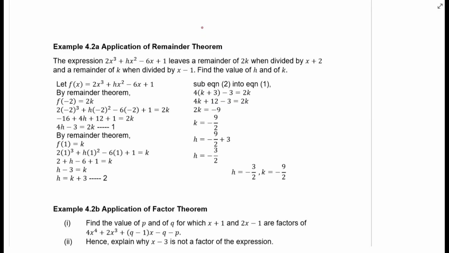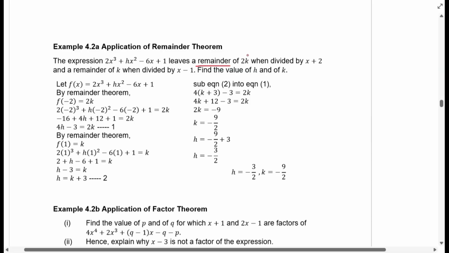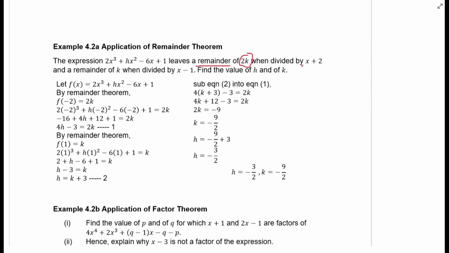So you have to look out for keywords in the question to guide whether you should use remainder theorem or factor theorem. In this case, it should be very obvious because they specifically told you that it leaves a remainder of 2k when divided by x plus 2. So this is your divisor. And a remainder of k when divided by x minus 1. So this is your second divisor.